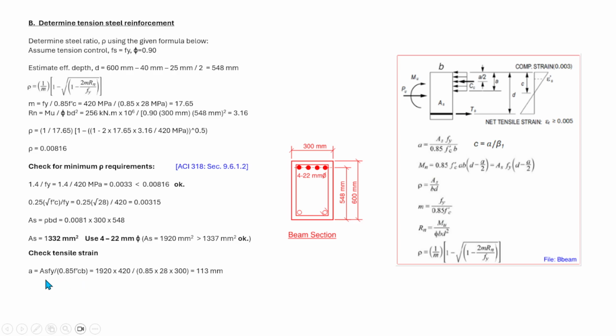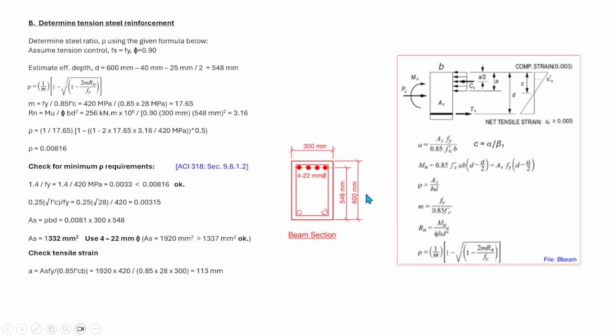So a is equal to 1,920, that is the actual steel reinforcement, times 420 over 0.85 times 28 times 300, the width of the beam, and that is equal to 113 mm. So that is the value of stress block a.